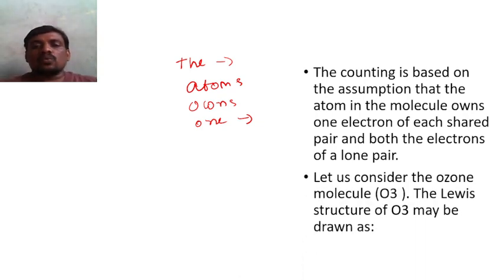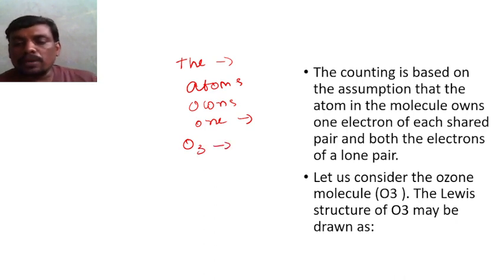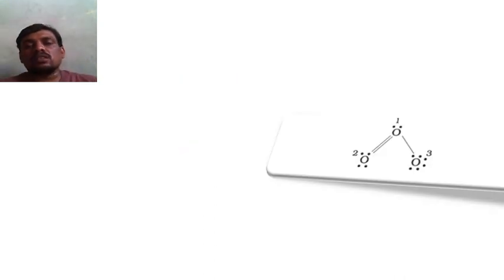Let us consider the ozone molecule O3. The Lewis dot structure of O3 may be drawn as you can see in the diagram for the ozone molecule.